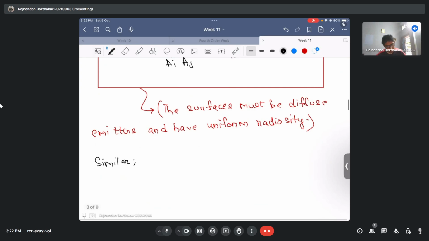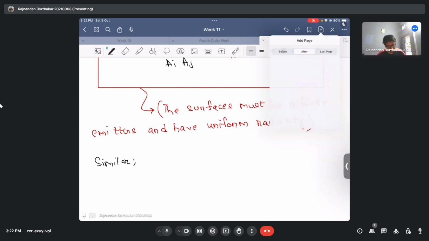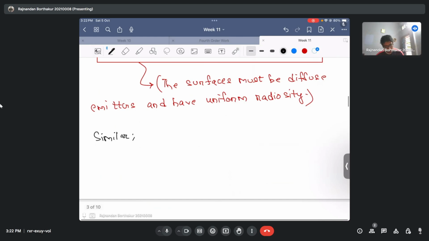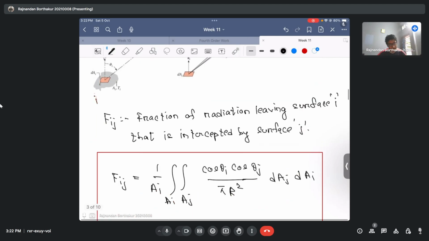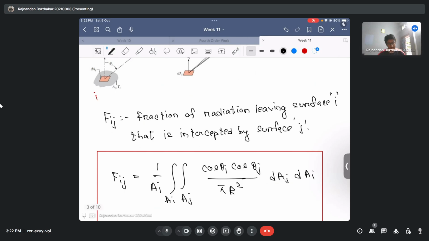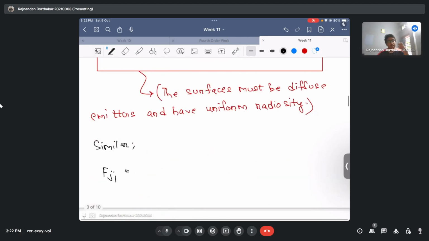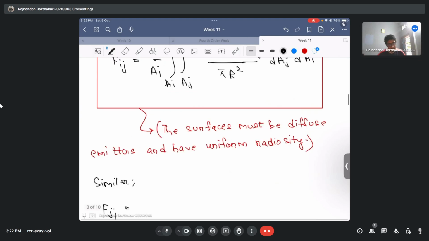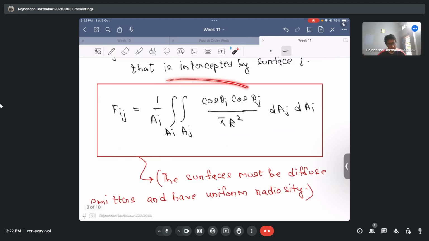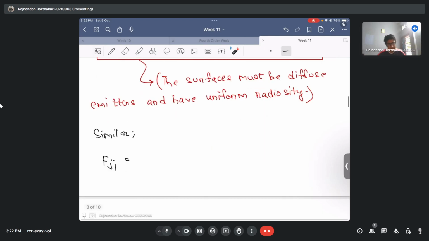Similarly, I can also determine something known as Fji, which is just the other way around. Just like Fij is the fraction of radiation leaving surface I, Fji states what fraction of radiation leaving surface J will be intercepted by surface I. We can formally define Fji as 1 upon Aj.